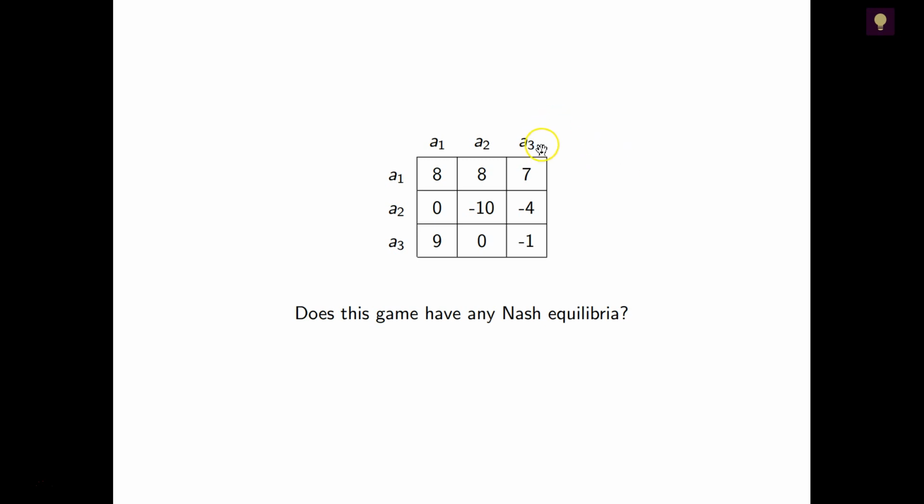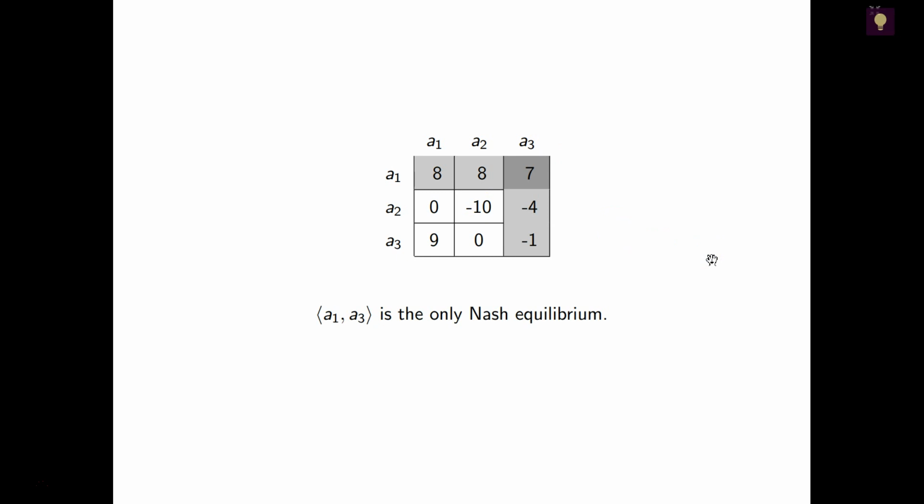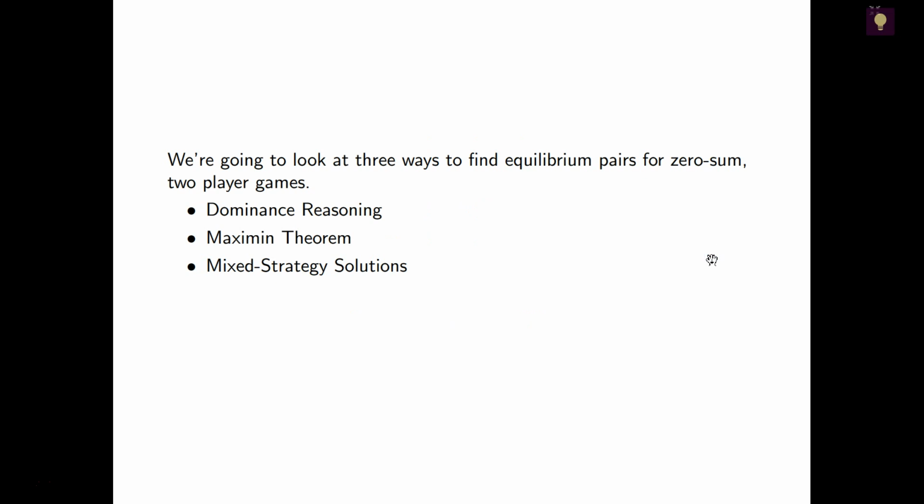Given that player 2 is going to play A3, does player 1 have any incentive to unilaterally deviate from playing A1? In fact, they don't, because they're getting 7 at A1, A3, and would do much worse by playing A2 or A3. So A1, A3 is, in fact, a Nash equilibrium of this game. It's the only one. But that is a really tedious way of trying to find Nash equilibria.